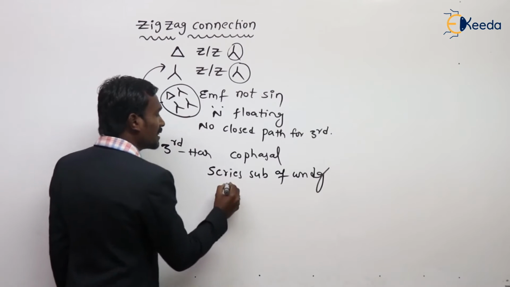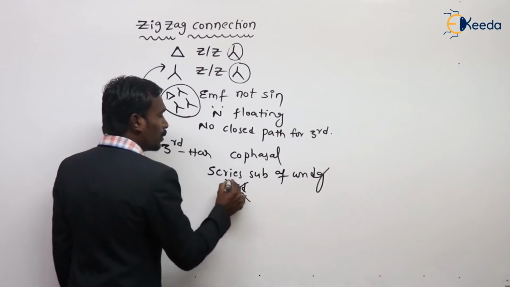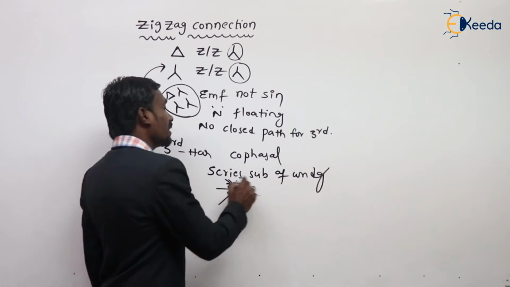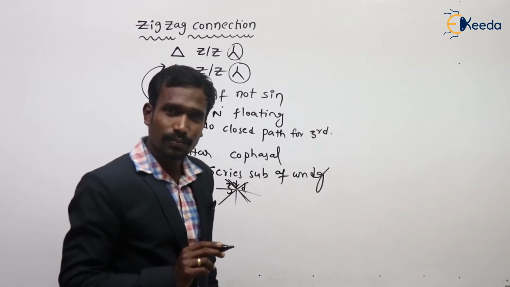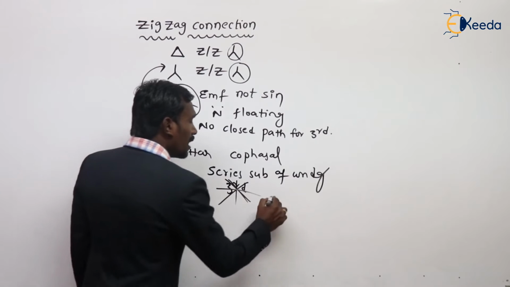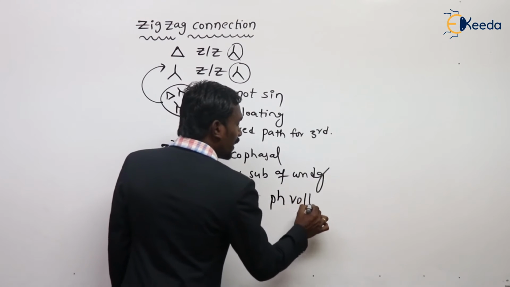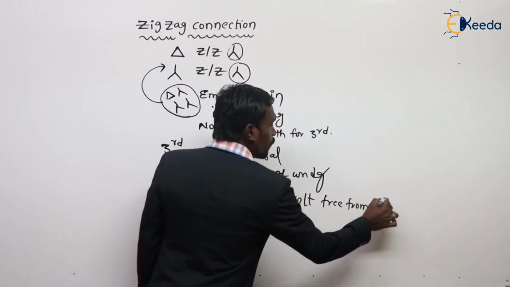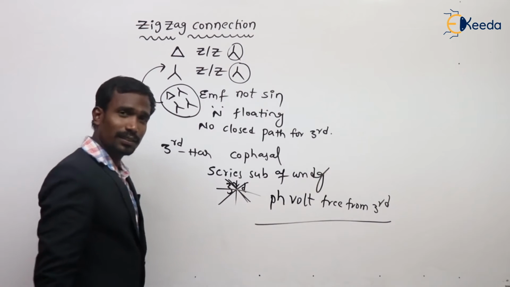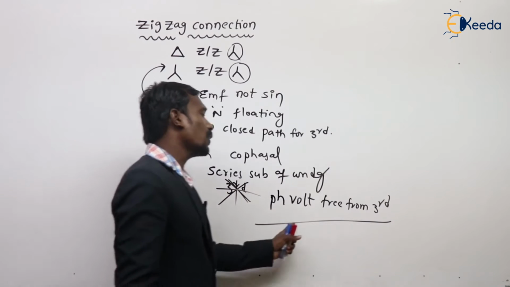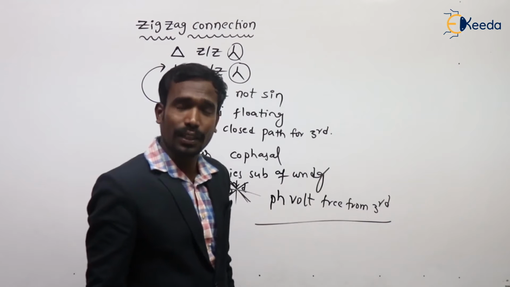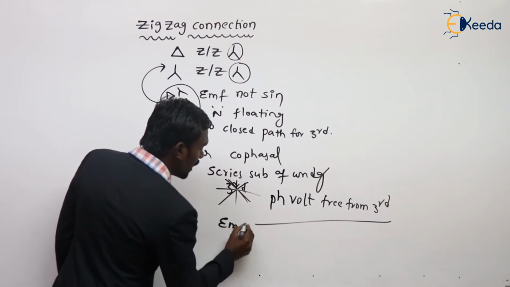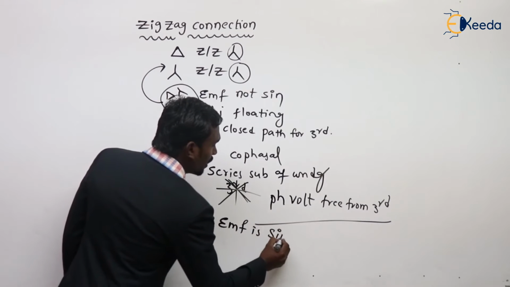Series subtraction of windings cancels the third harmonic currents. Hence, now the phase voltages are free from third harmonic components, and then our EMF is sinusoidal.